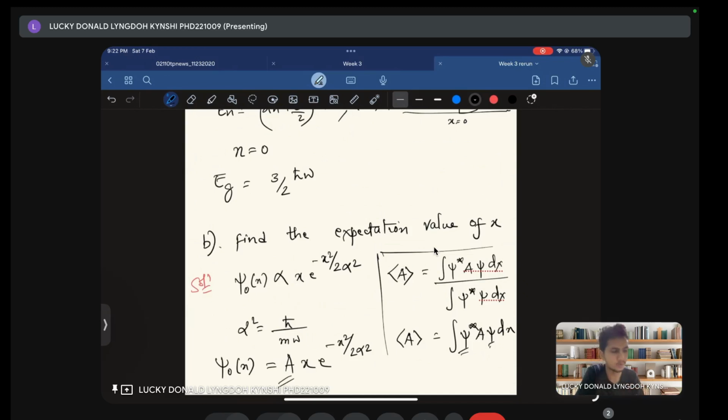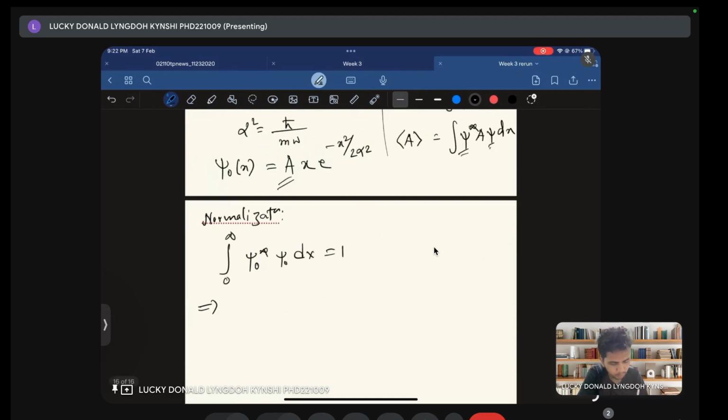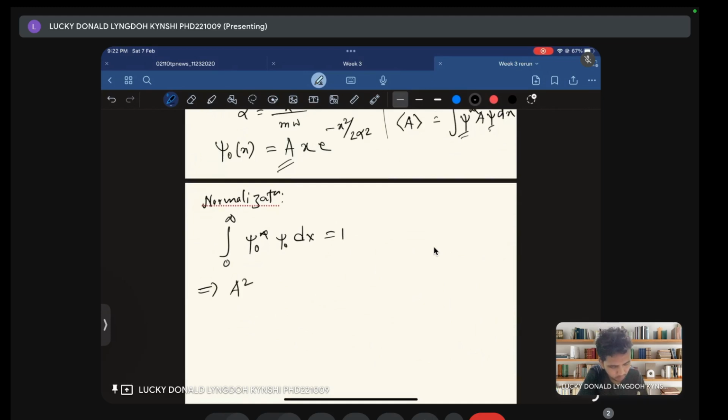First you have to normalize, to find the value of A. The normalization condition is that the integral from 0 to infinity of ψ_0* ψ_0 dx equals 1. So you get A² times the integral from 0 to infinity of x² e^(−x²/α²) dx equal to 1.